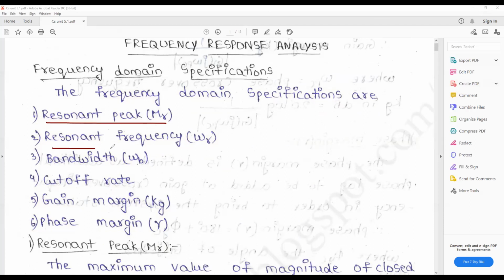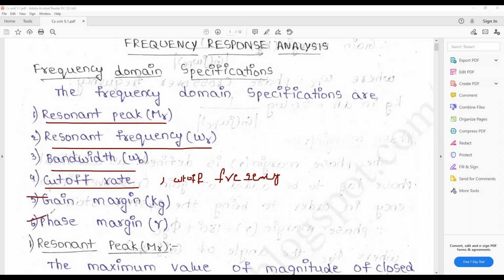Second one is resonant frequency, third bandwidth, cutoff rate, and cutoff frequency, then gain margin and phase margin. So the resonant peak, resonant frequency, bandwidth, cutoff rate, gain margin, and the phase margin.